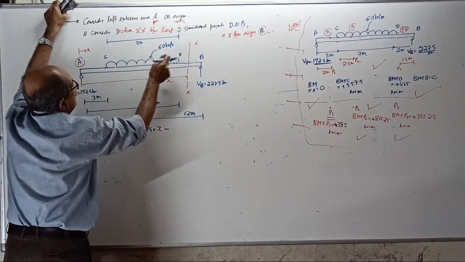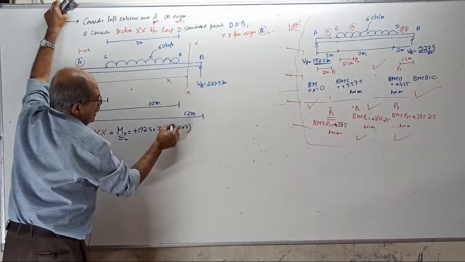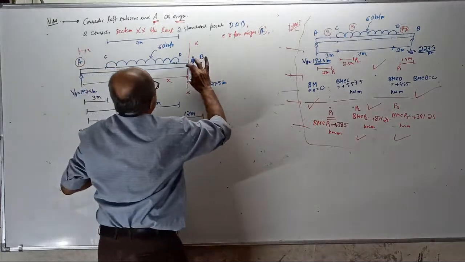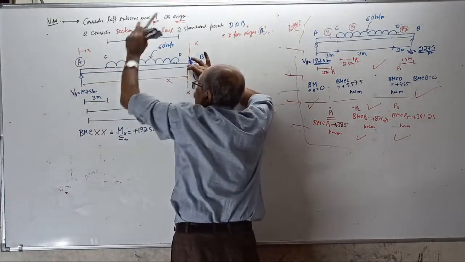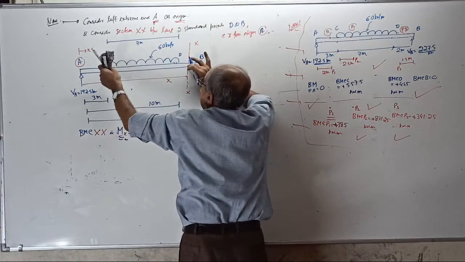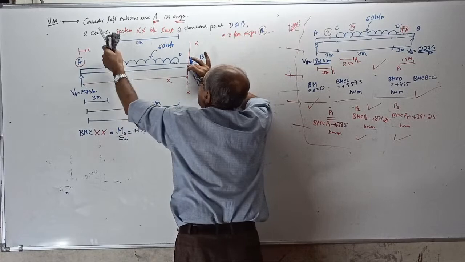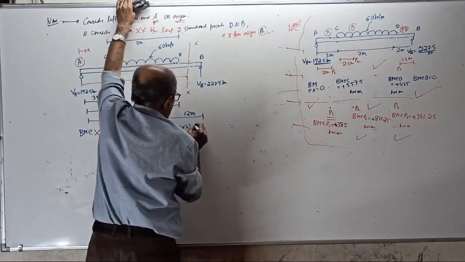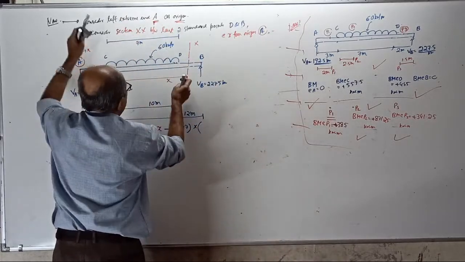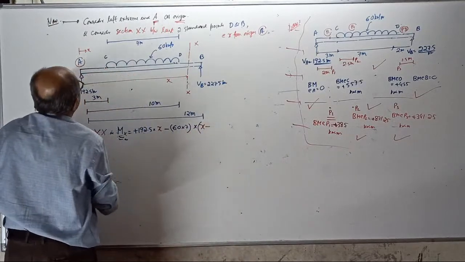Tell the answer. 60 into 7 is the total load. Tell yes or no. Plus 192.5 into X minus 60, you can see the full UDL, 60 kilonewton per meter for 7 meter, into bracket, this is X minus, tell how much?